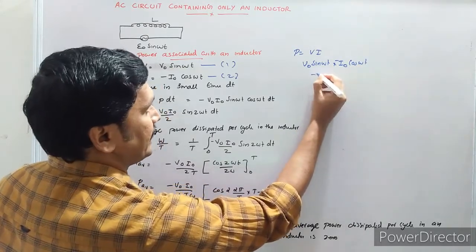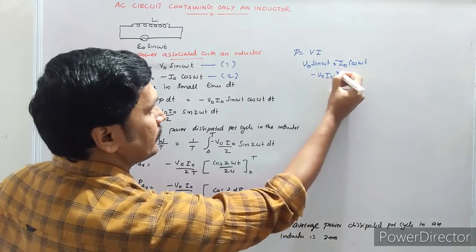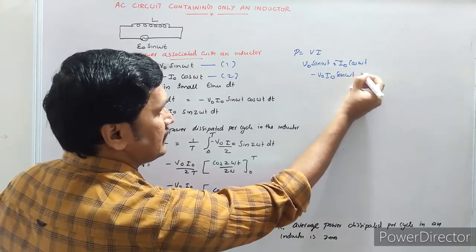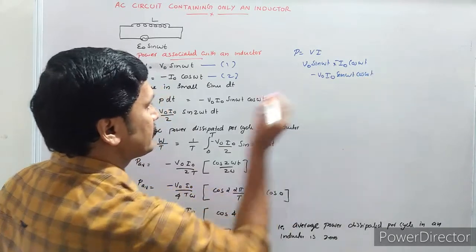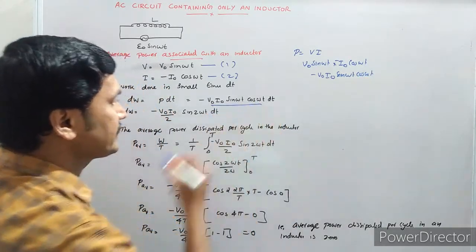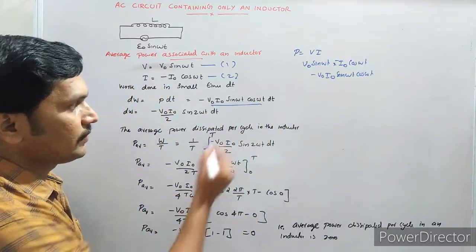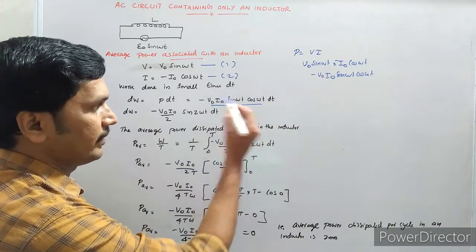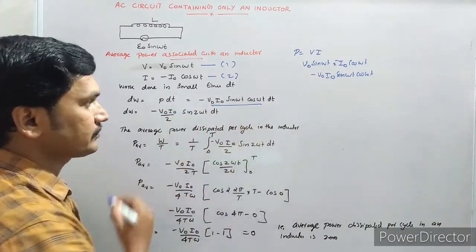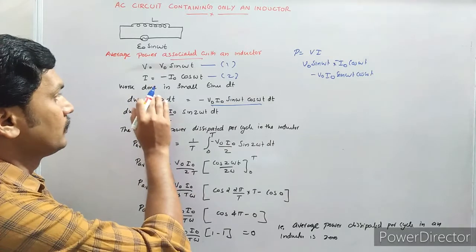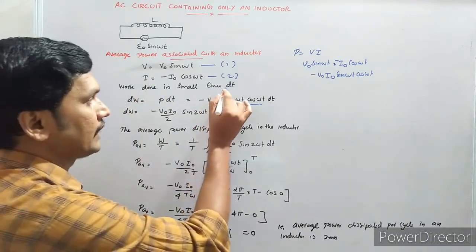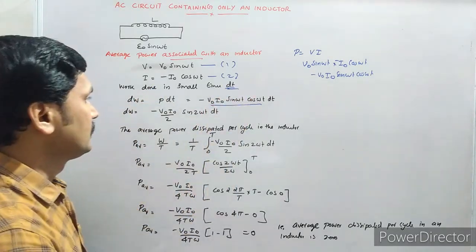Multiplying, minus V0 I0 sine omega t cos omega t. So substitute that: minus V0 I0 sine omega t cos omega t into dt. So that's the work done in a very small time interval dt.